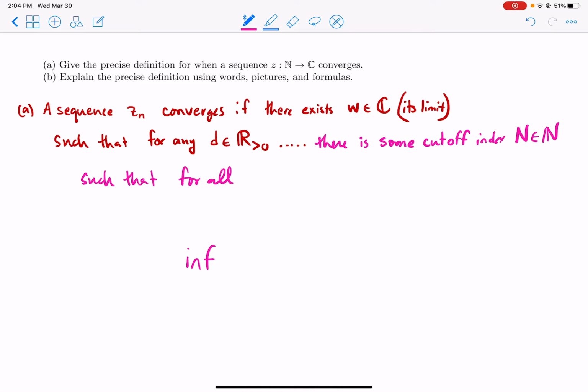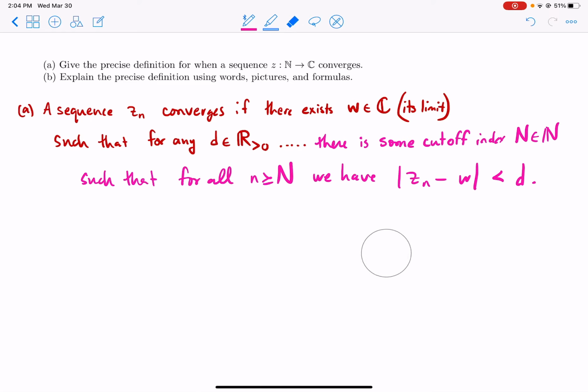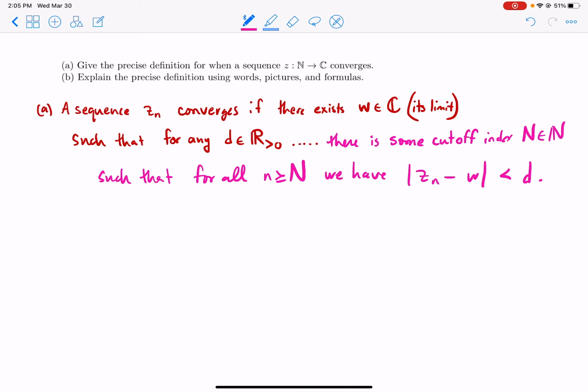We call this the infinite tail of the sequence, all the z sub n's that are past the cutoff. We have z_n minus w less than d, for any desired chosen distance. This is the hardest thing to understand, this definition.